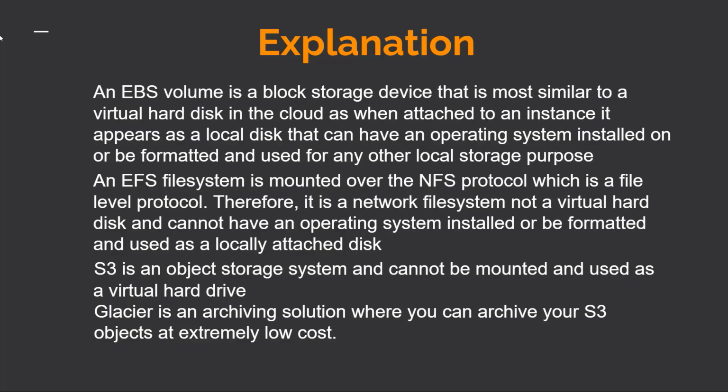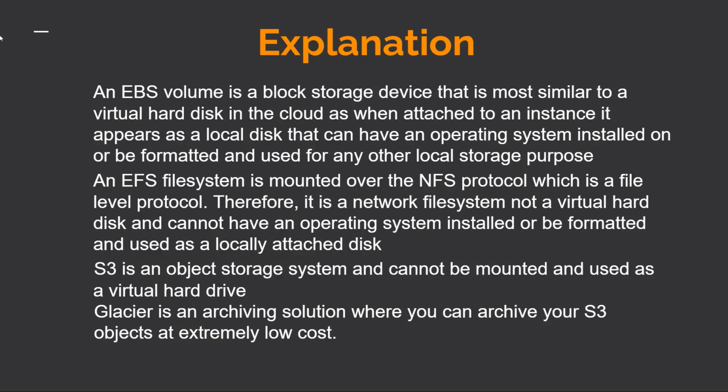Explanation. An EBS volume is a block storage device that is most similar to a virtual hard disk in the cloud, as when attached to an instance it appears like a local disk that can have an operating system installed on it or be formatted and used for any other local storage purpose. An EFS file system is mounted over the NFS protocol, which is a file-level protocol.